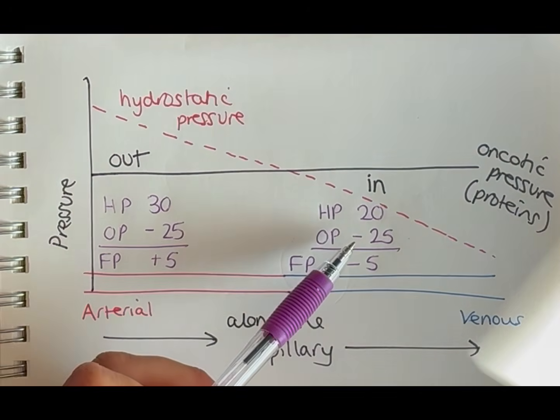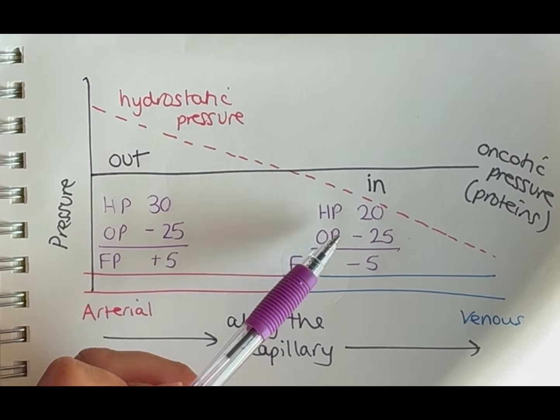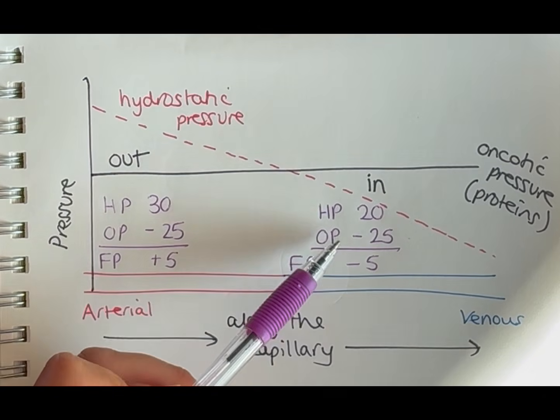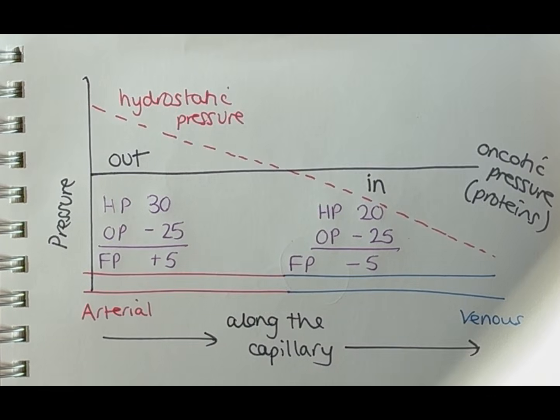In this case, we've got the oncotic pressure due to that low water potential drawing water back into the capillary from the tissue fluid. Other products in that tissue fluid would also be waste products, so things like urea and carbon dioxide, waste products from the cell.